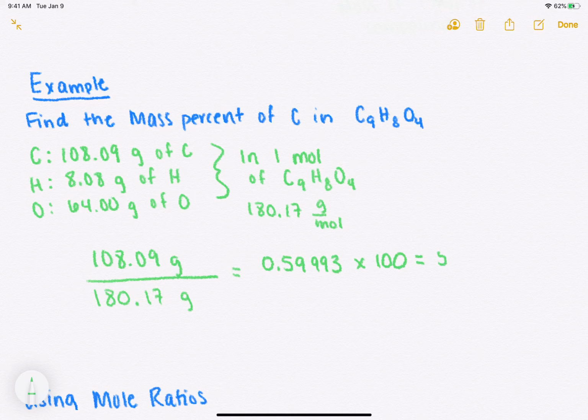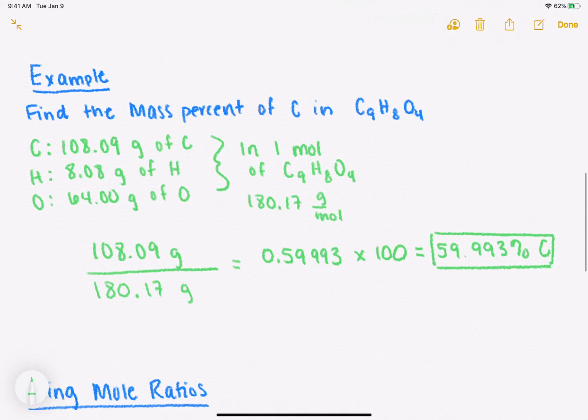And that is going to give us 59.993%. So that means that 59.993% of this sample is made up of carbon. So that's how you find the mass percent of a particular atom in a molecule.